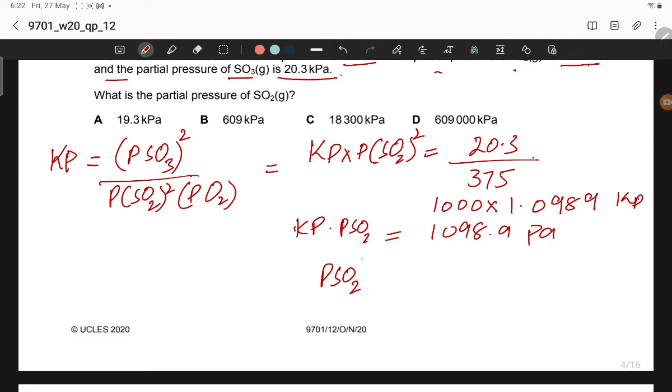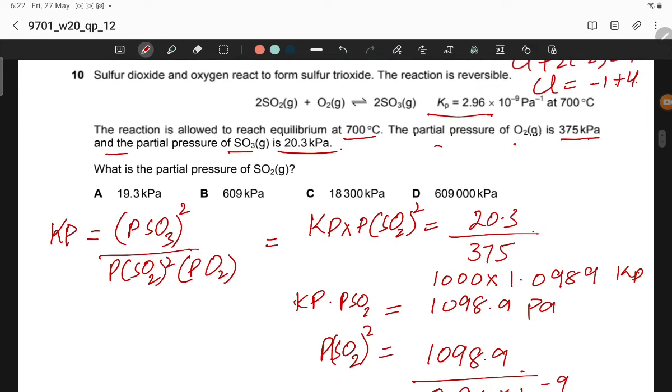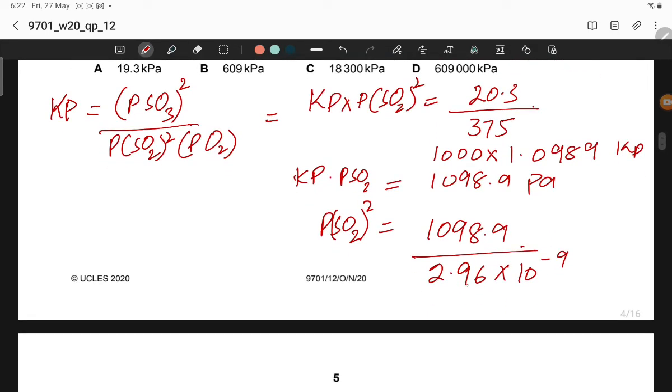Partial pressure of sulfur dioxide is equal to 1098.9 divided by 2.96 into 10 raised to minus 9. Yes, this is the Kp.